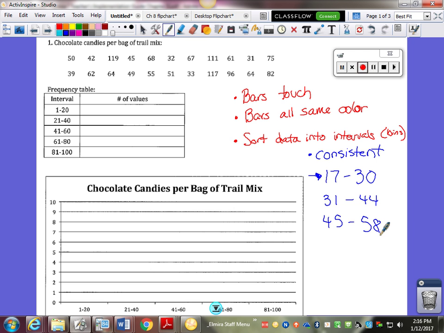How many intervals should you have? Let me erase this for a second. Okay, consistent. Count by easy numbers. No overlap.